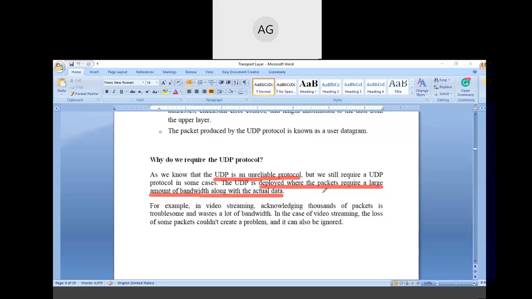For example, in video streaming, acknowledging thousands of packets is troublesome and wastes a lot of bandwidth. In the case of video streaming, the loss of some packets does not create a problem and can be ignored. So basically, it is used in video streaming where, if some packets are lost, it cannot create a big problem.